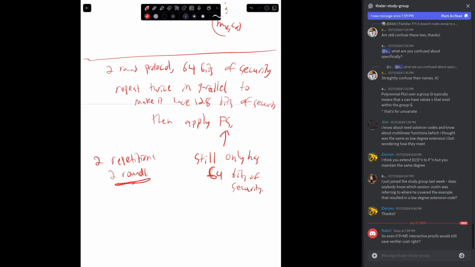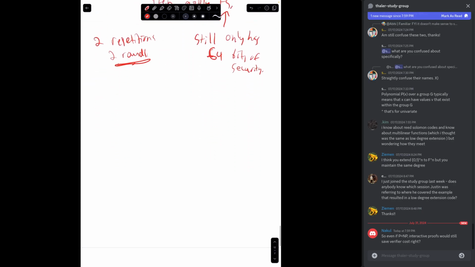You're only going to need time about 2 to the 64 to successfully attack repetition 1 with the first round, and only about 2 to the 64 to successfully attack repetition 2 with the second round.